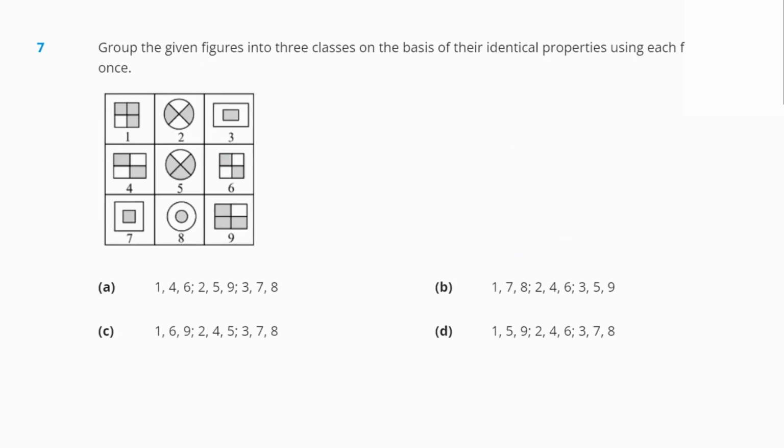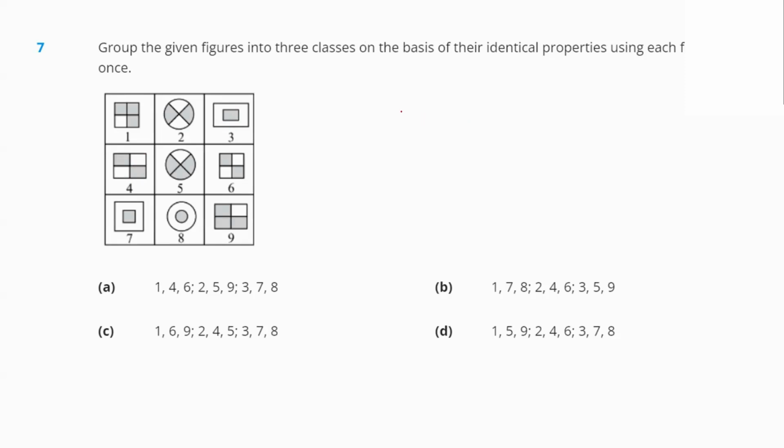Group the given figures into 3 classes on the basis of their identical properties using each figure only once. So if we see, there are 3 types of figure. In this, there are 4 parts of which 3 are shaded, 4 parts of which 2 are shaded, 2 parts of which 1 is shaded. In this also we have 4 parts, 2 are shaded.